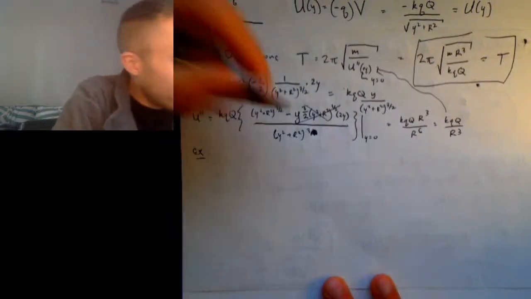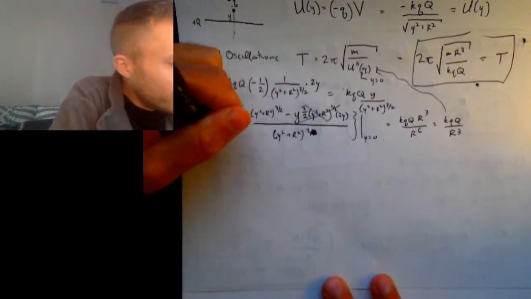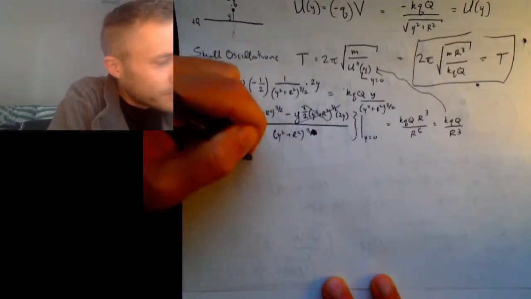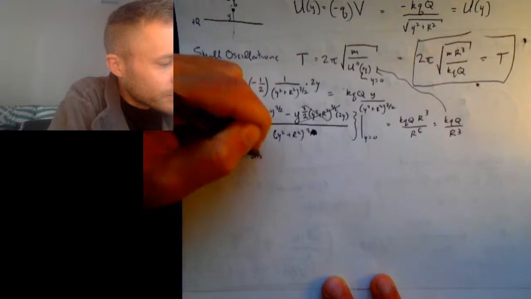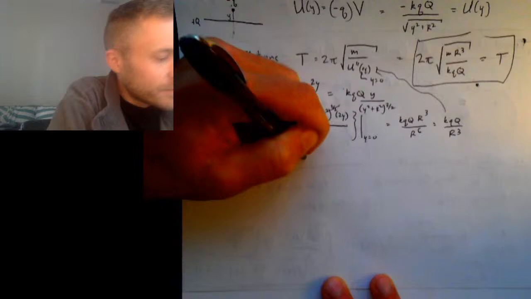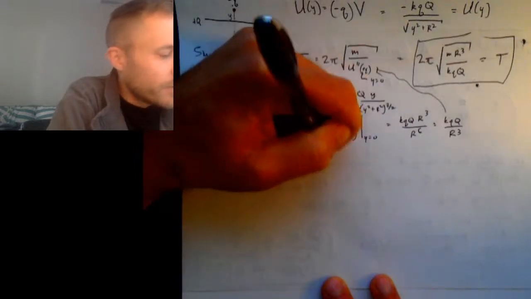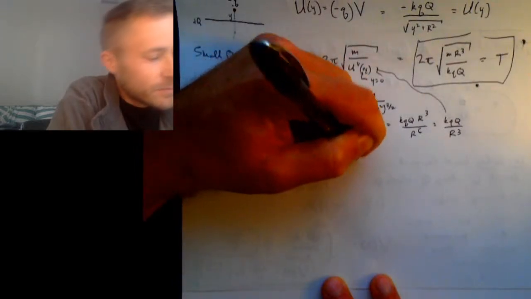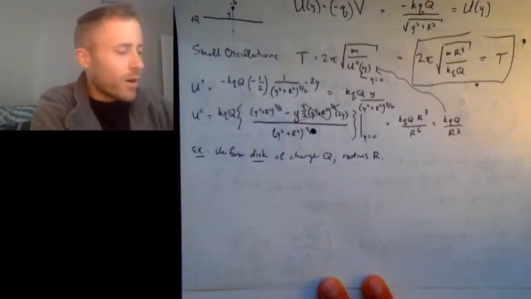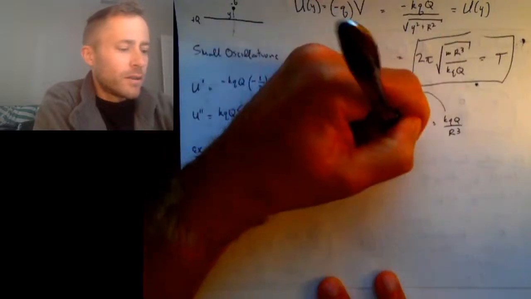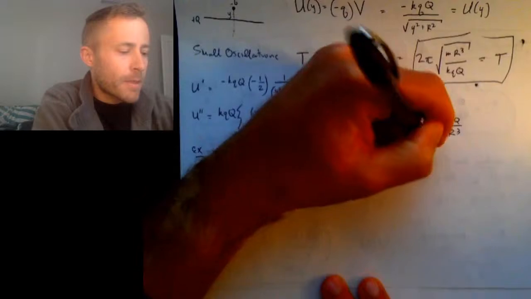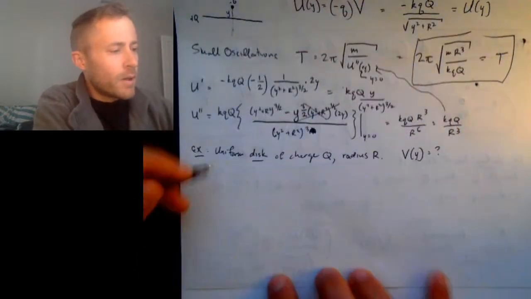What if I have a uniform disk of charge Q and radius big R? So exact same problem. So I want to know what is the potential as a function of y. Okay.